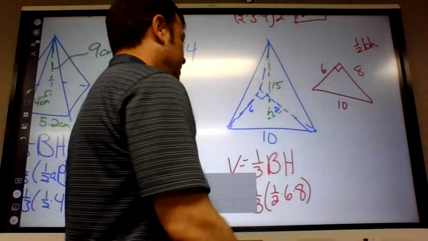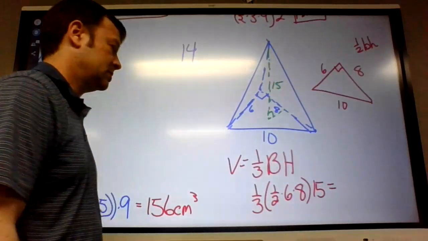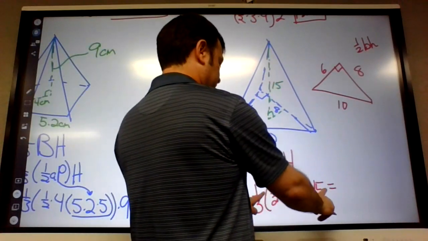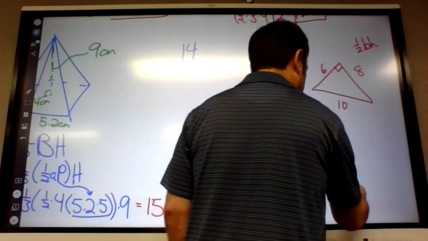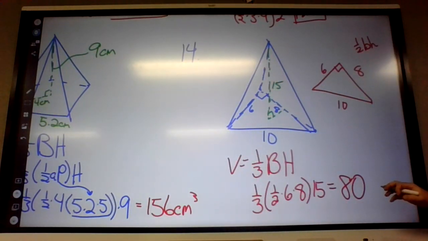So there's a 1/3 in there. The height of the pyramid is 15. So it would be 2 times 5 is 10 times 8 is 80. I guess I didn't write the units, cubed.